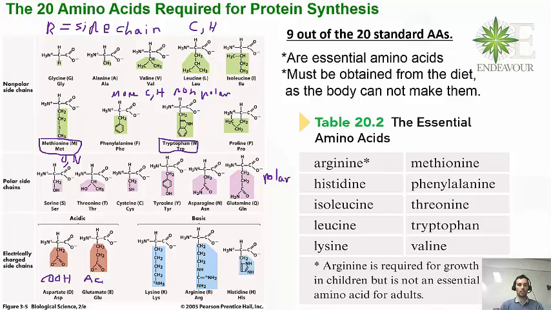It's now an acidic amino acid, and what do acids do? They donate H+. So both aspartate and glutamate, also known as aspartic acid and glutamic acid, are actually able to donate H+.